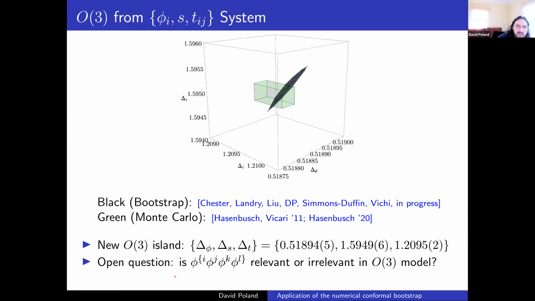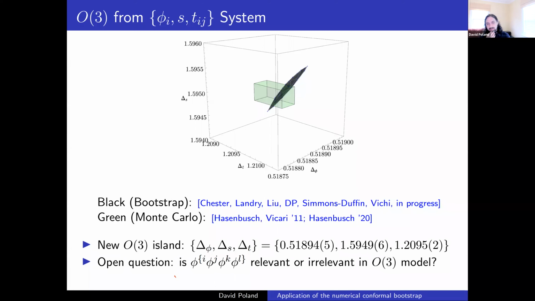And you can see that, at least in delta phi, delta T, and delta S, it's comparable in size to the latest Monte Carlo simulations. Now, one interesting physics question that we honed in on for the O3 model is whether the leading 4-index tensor, phi_i phi_j phi_k phi_l, symmetrized and traceless, is a relevant operator or an irrelevant operator in the O3 model.